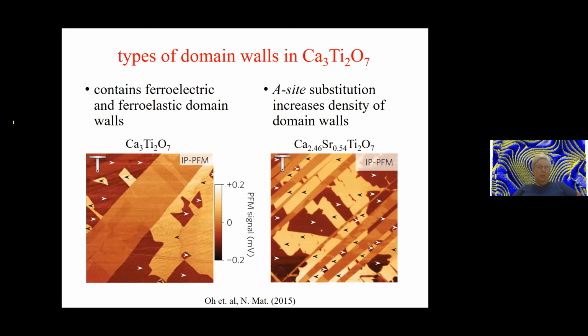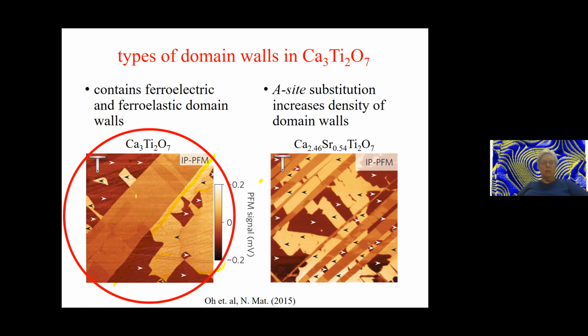So calcium titanate actually has lots of different domain walls. There are ferroelastic ones that are actually straight here, like this. And there are ferroelectric ones that are meandering. And if you do a site substitution, you can increase the density of walls, but I'm going to talk about the parent compound.